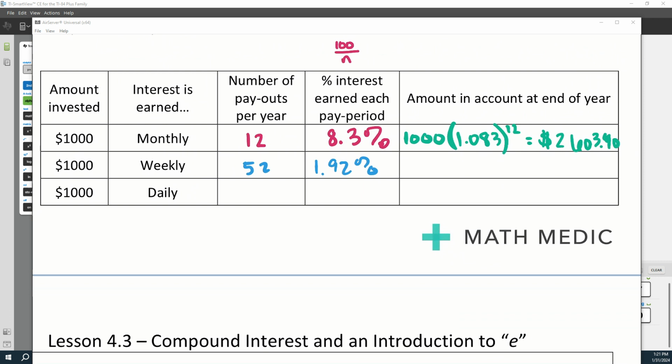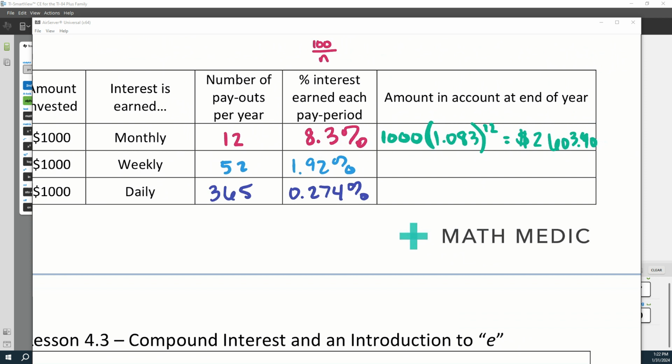And then most years, there are 365 days, so that's going to be 0.274%. Make sure that you go to the same number of significant digits there. You guys take those percentages and that many times per year and figure out those amounts for me, please.